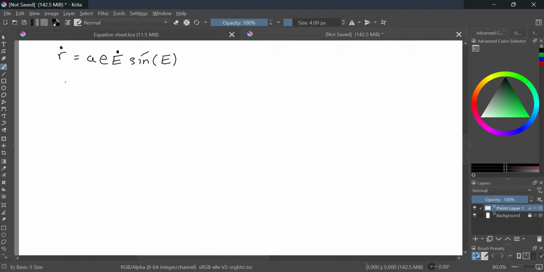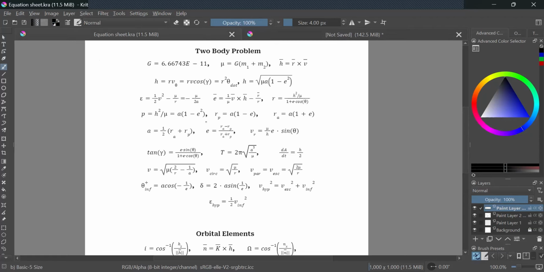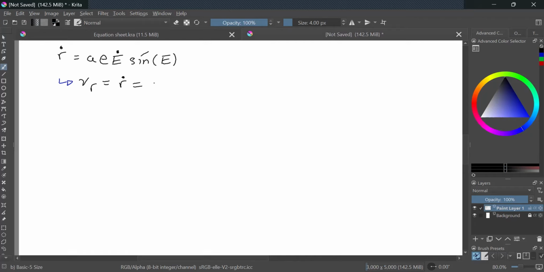This is our radial velocity, this is VR. And just to remind myself later, our VR equation is mu by h times e times the sine of theta. So that makes these two equivalent to one another, right?